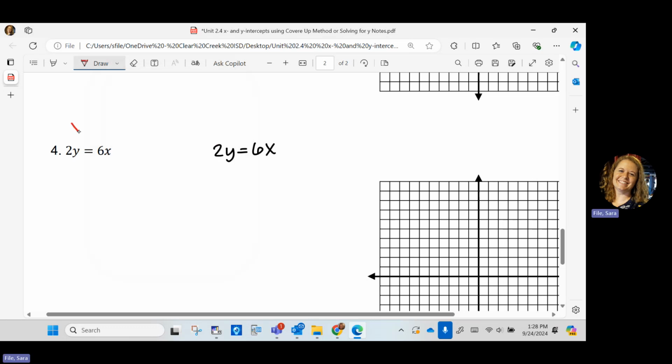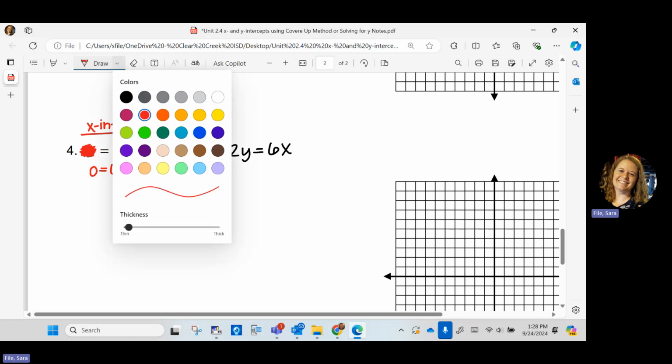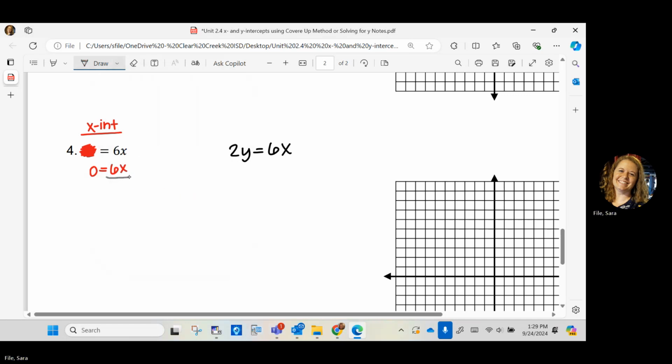When I go to get my x-intercept, if I use the cover-up method, I'm covering up the y term. We said that's the same thing as 0. But if there's nothing else on that side, we actually do have to write the 0. And then how do we get rid of that 6 on the right side?